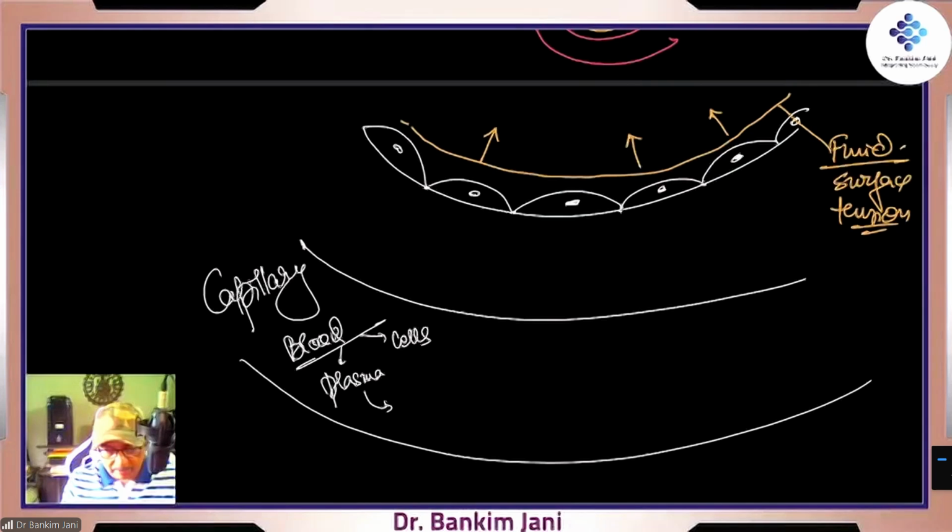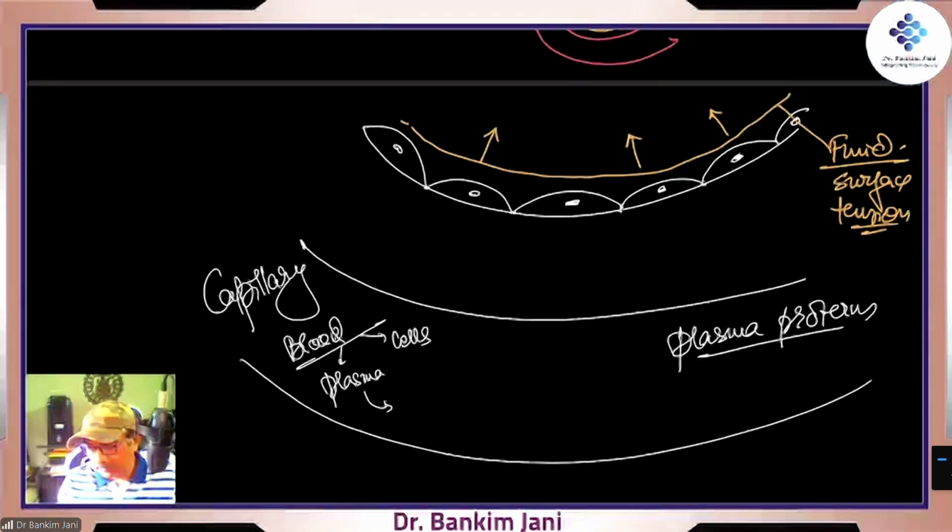The plasma comprises a very important component, and that is the plasma proteins. Whenever there is protein, the tendency of the protein is that they tremendously love the water. They are hydrophilic.